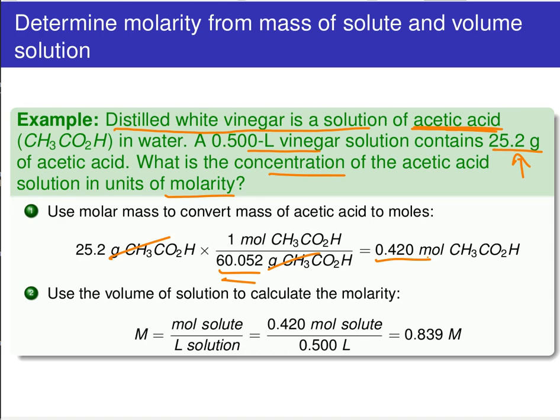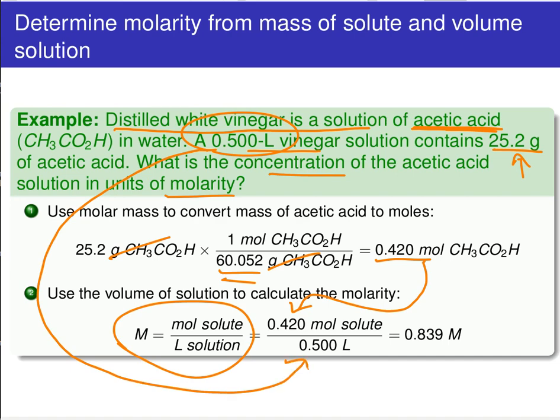All right. Now that we have moles, we can go back, just as we did in the previous problem, to our definition of molarity and directly plug in the calculated value, 0.420 moles of solute, and the given value right here, half a liter, and arrive at our final answer, 0.839 molar.